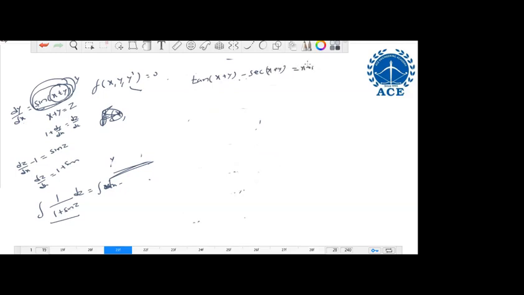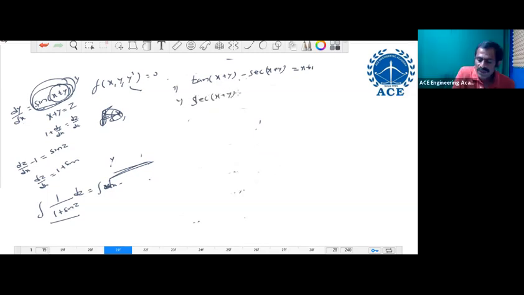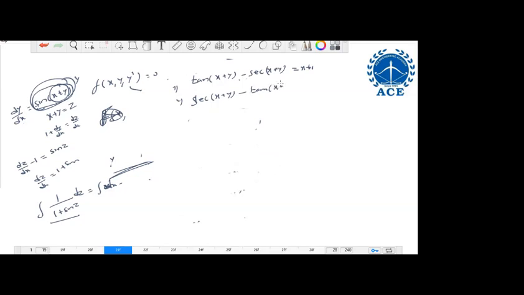Second option: sec of x plus y minus tan of x plus y is equal to x square by 2 plus c.